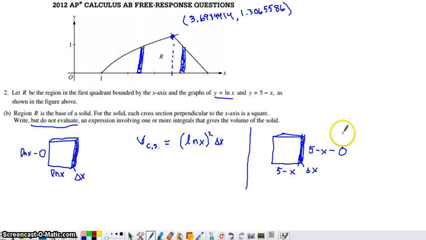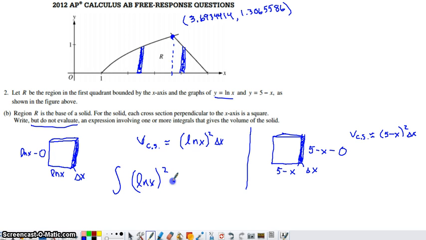So the volume of this cross-section is going to end up being approximated by taking 5 minus x, not just 5x, 5 minus x, squared times the thickness, delta x. The volume of the solid to the left of this intersection is going to be found by doing the integral of this expression, natural log of x squared.